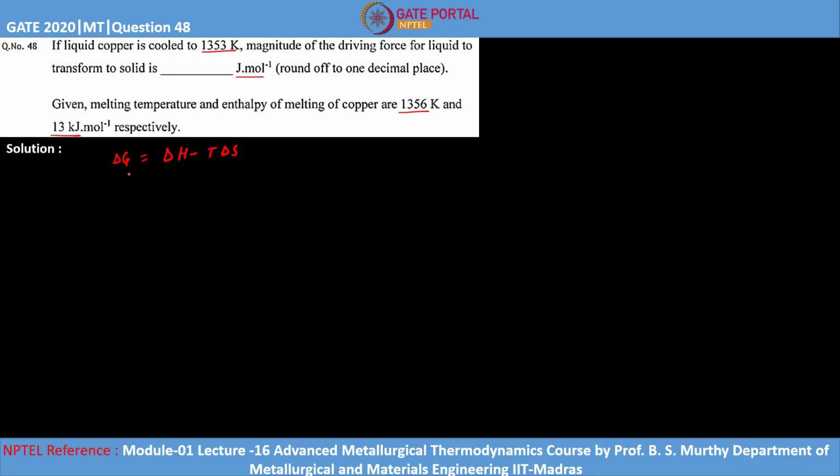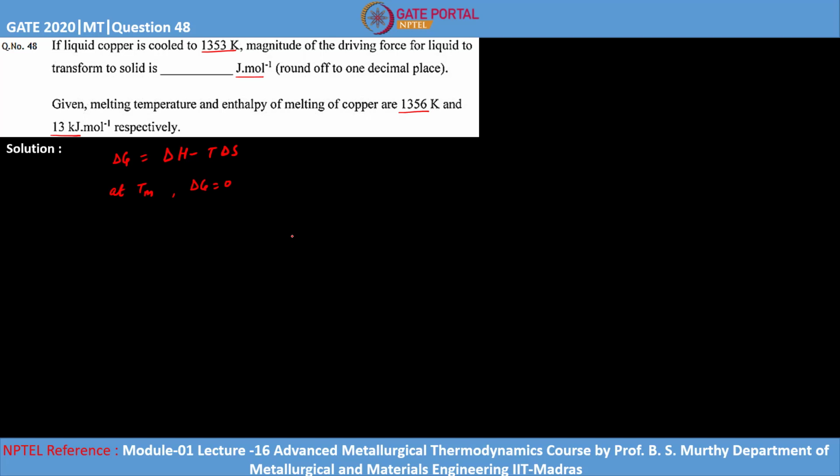So if you try to calculate the free energy at the melting point for a liquid to solid or solid to liquid transformation, at Tm, which is our melting point, the value of delta G will be equal to 0, because both liquid and solid are in equilibrium and they possess equal free energy.